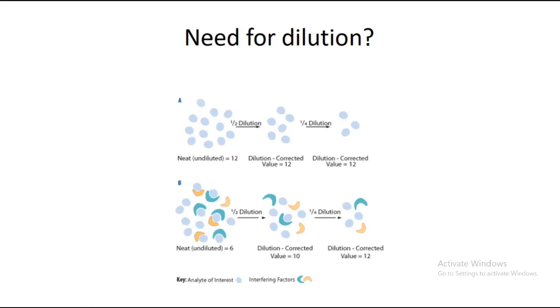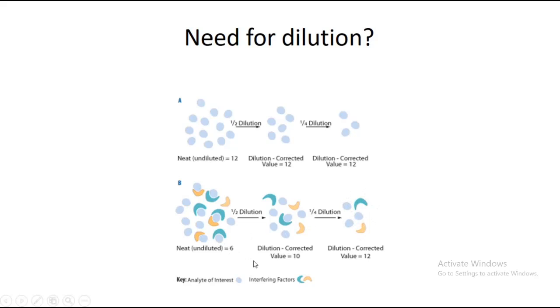So the companies realize, well, actually we might need to do a dilution. So they do a dilution and the dilution is having a better effect, okay? So it's closer to the 12, but it's not right there yet. It's still giving a false negative of 10. But then when they did a subsequent dilution, they established that they were able to get an accurate measurement, okay?